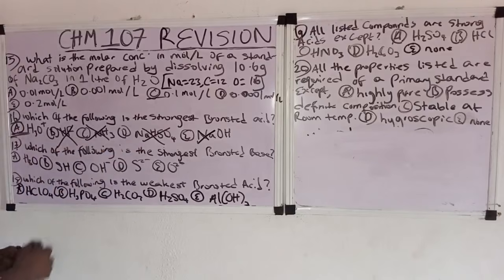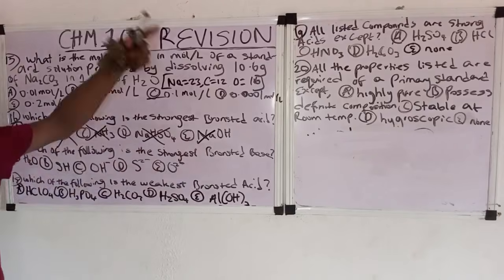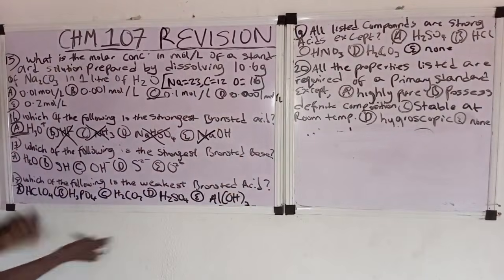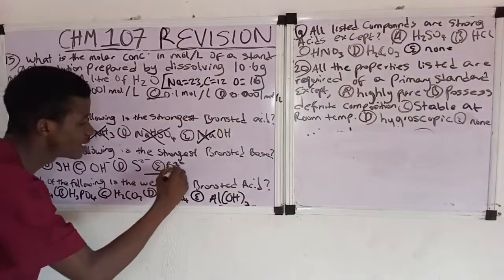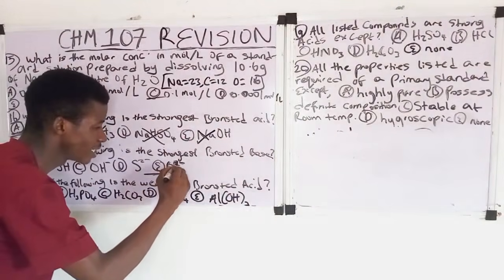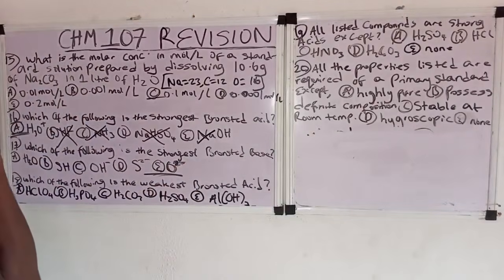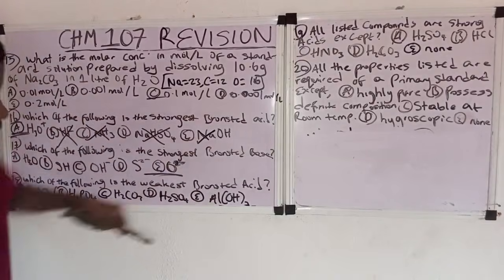So that is A. Now, which of the following is the strongest Bronsted base? The answer is the oxide ion, oxygen carrying 2 negative charges. So this is the strongest Bronsted base. Now, if you look at this other one, which of the following is the weakest Bronsted acid?